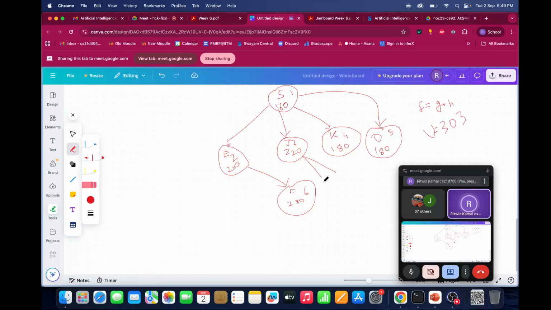A though has the cost 310 and N has cost 230. So again N will be retained and A will not be added to the open list. And this is how we will proceed with the expansion.